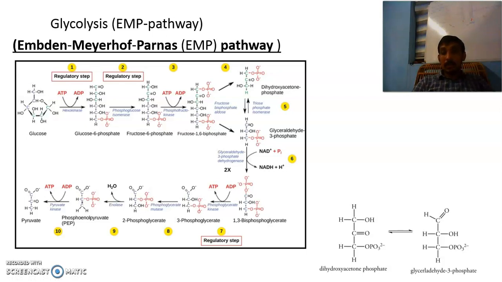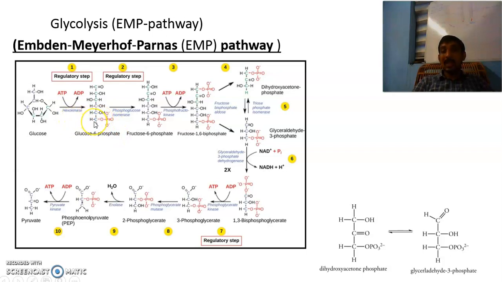First of all, that glucose is converted into glucose 6-phosphate, and you can see the glucose 6-phosphate here. What is the change here is that a phosphate group gets attached at the 6th carbon of glucose. Here you can see the red colored phosphate group that attaches on the 6th carbon.